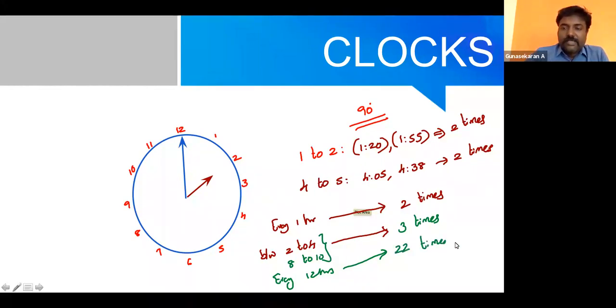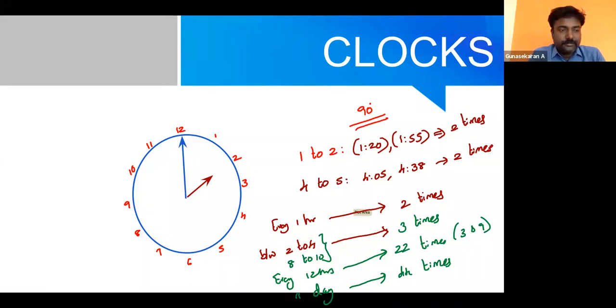We are missing because of 3 o'clock and 9 o'clock. Every day, 44 times. Okay, is it clear?